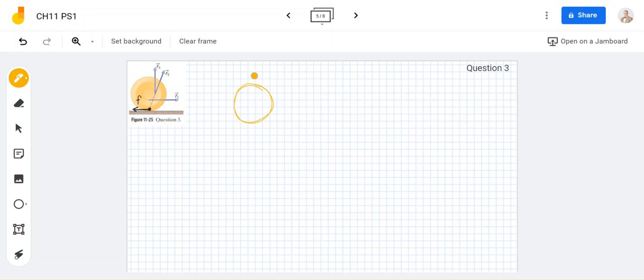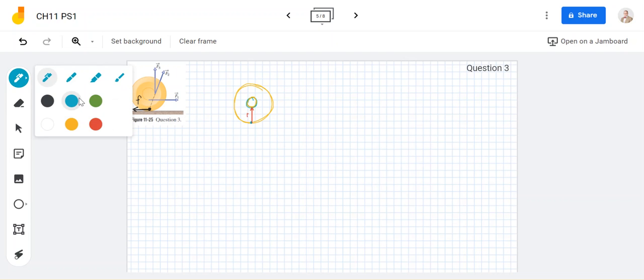So if this is F1 right here, there's a point of contact. Now, it's a yo-yo, so the string is wrapped around the center peg right here. So when I go to do my R vector, there's my R vector.